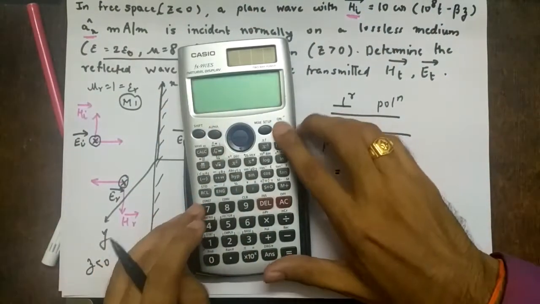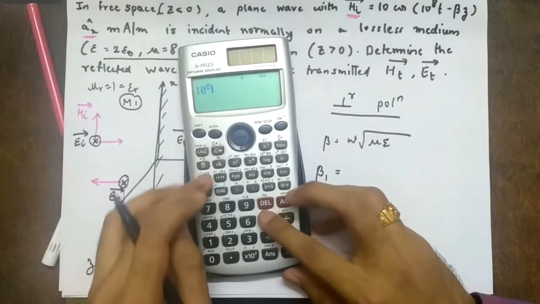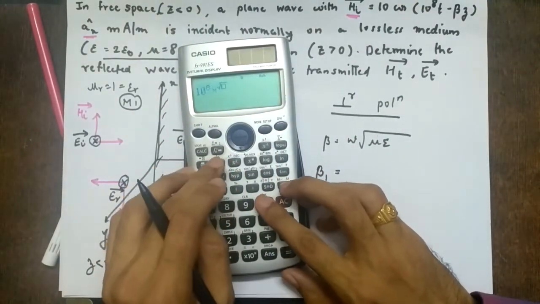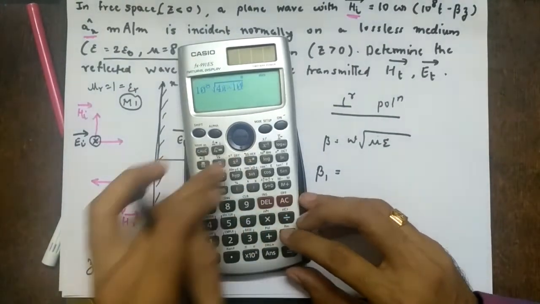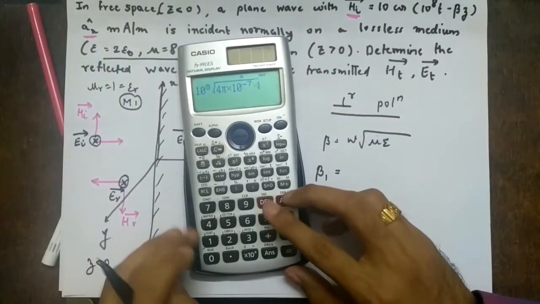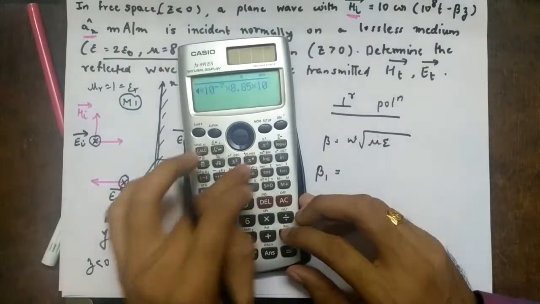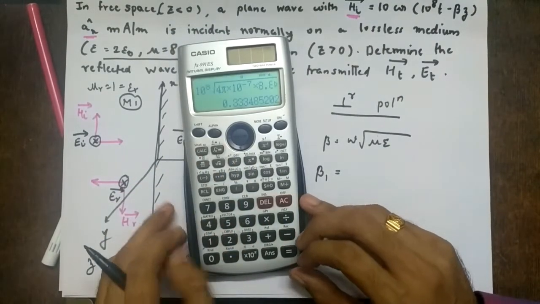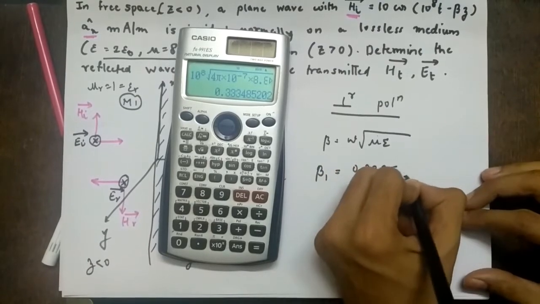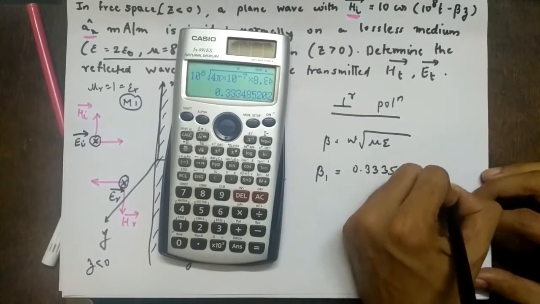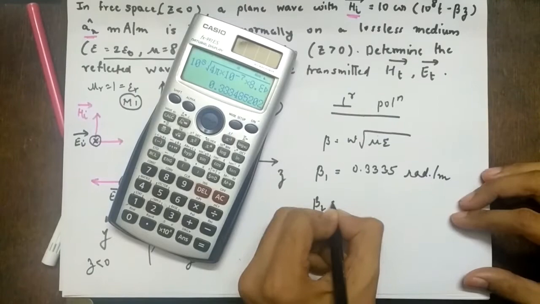So 10 raised to 8 into, so it is free space, 4 pi into 10 raised to minus 7 into 8.85 into 10 raised to minus 12. So beta 1 is 0.3335 radians per meter.